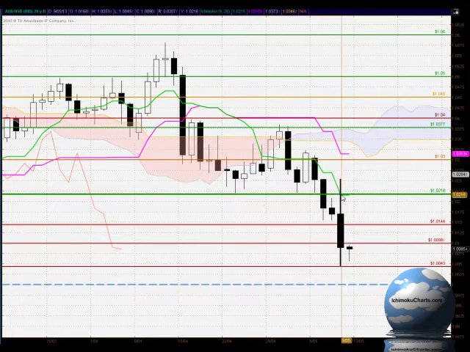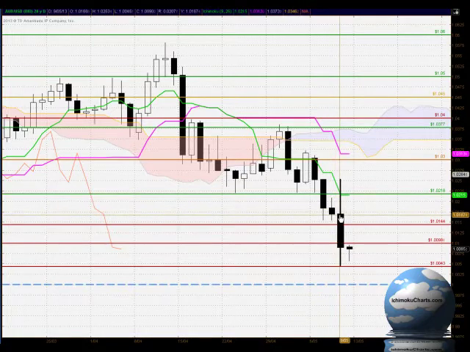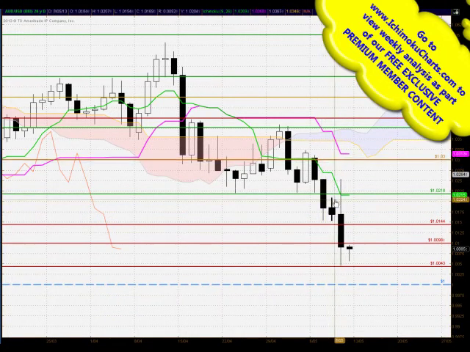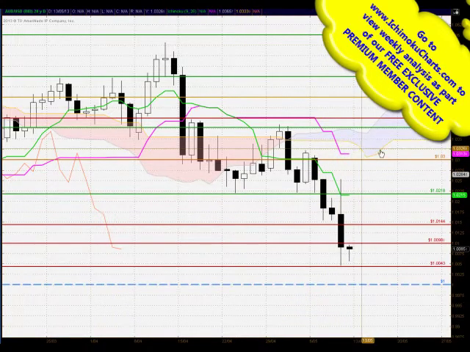Now you don't want to be taking a long position against those higher time frames. It's like moving against a greater tide. It's a very difficult struggle. You want to be trading with that tide, and short trades would be the ones to be taking in line with those higher time frame trends.